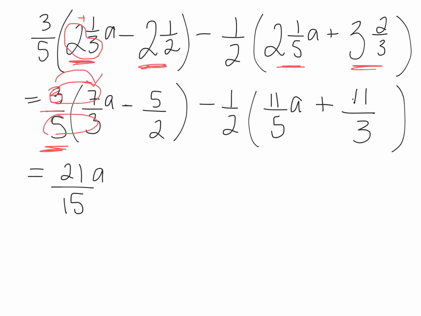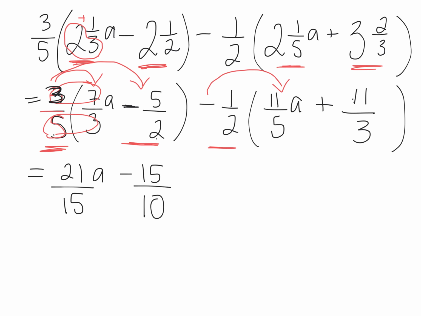Okay, now we have to do the same thing. 3 over 5. Now we need to multiply that by negative 5 over 2. What's 3 times negative 5? Negative 15. 5 times 2? 10. Good. Negative 15 over 10. Don't forget the negative. Times 11 over 5a.